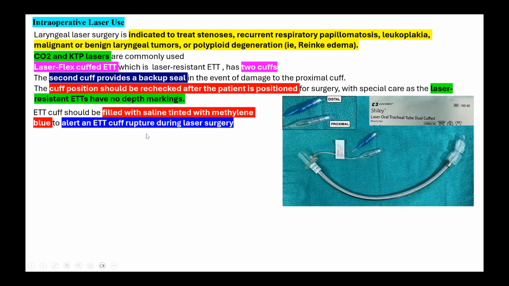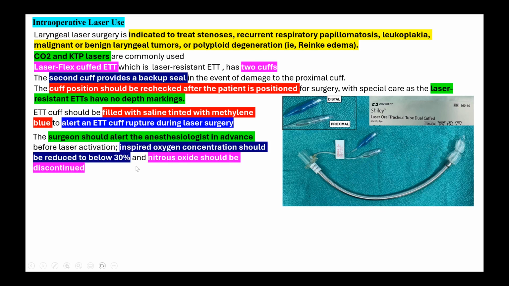It is always filled with saline mixed with a little bit of methylene blue. With any puncture by the laser, that fluid will come out immediately and the blue will be seen there. So the surgeon can identify that he has punctured the endotracheal tube.